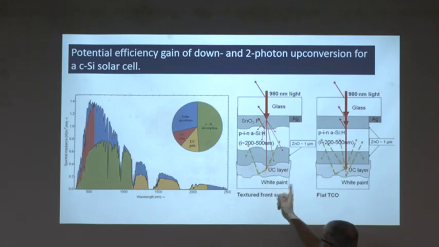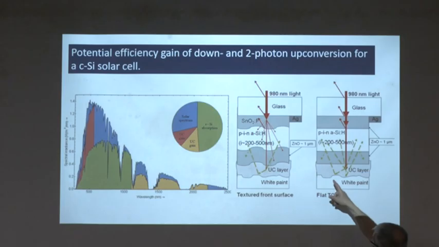Here is a typical reflection media. But also it is interesting that when we have a porous structure, it gives better results than a flat surface interface between the upconversion layer and the absorbing media.